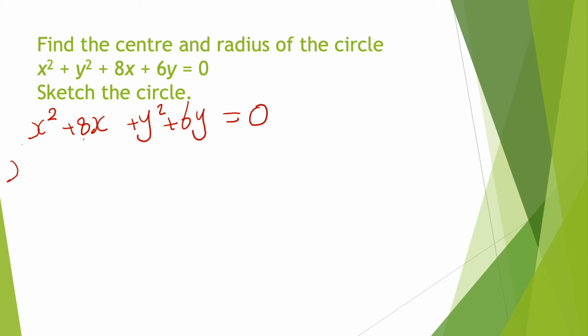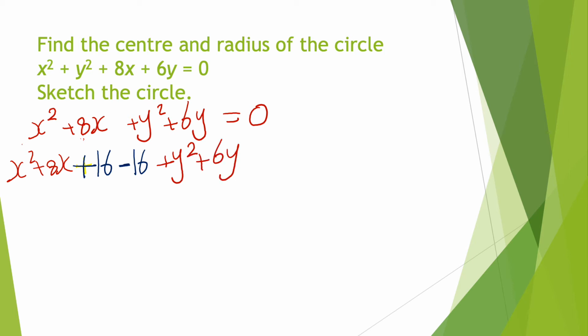So for the x, you're going to add 16 minus 16, because when you add and subtract the same value, you won't change the value of the equation, you're only going to change how it looks. And we're going to do the same for the y.